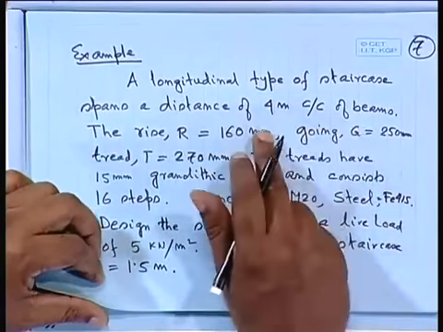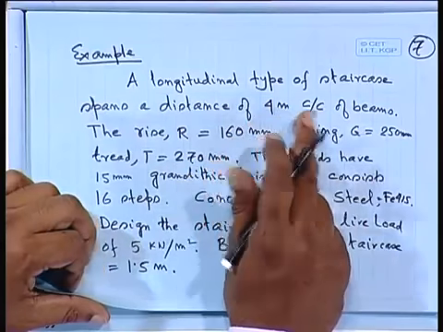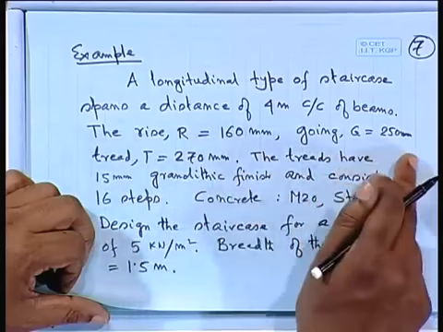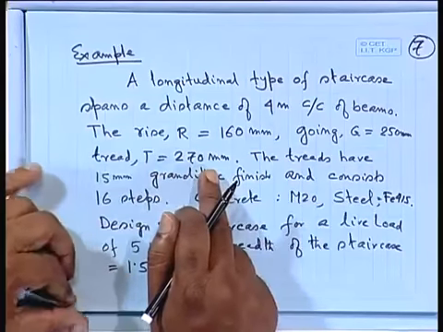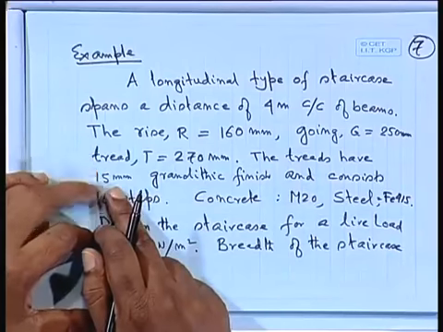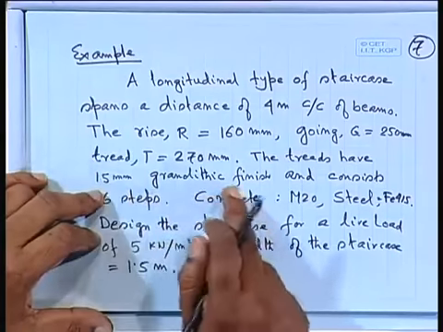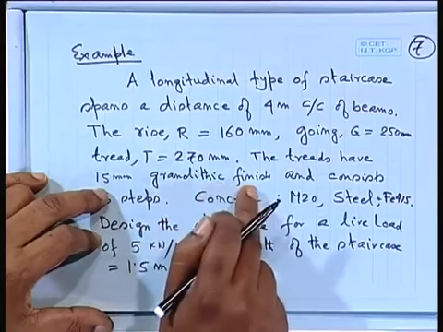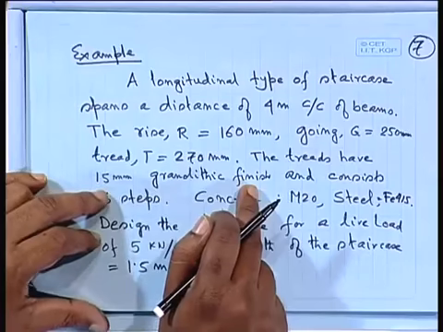The stair has to span 4 meter, the rise 160 millimeter, going 250 millimeter, tread 270 millimeter, and it has a finish, because this was the floor finish, but here specifically we shall take the unit weight of this granolithic finish as 23.5 kilonewton per meter cube.